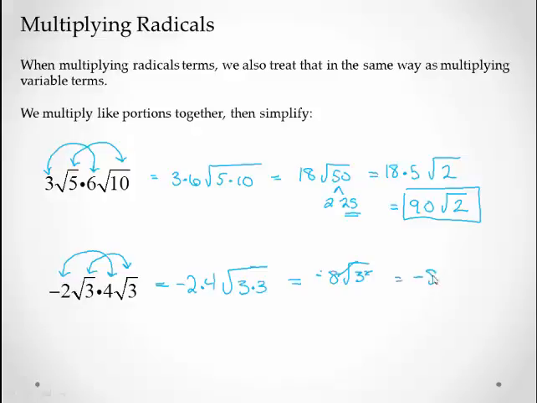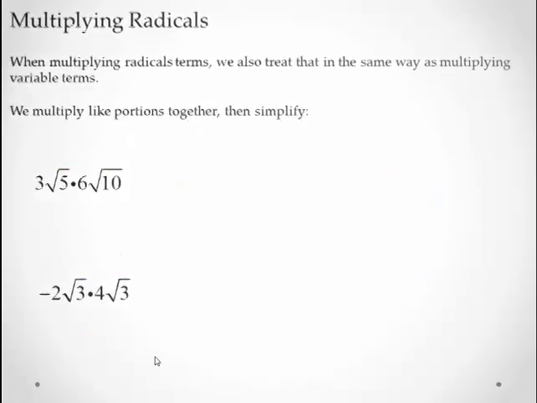The square root and the square cancel each other out, giving me negative 8 times 3, which gives me negative 24. So anytime you multiply a radical by itself, you're squaring it, and the radical will go away. And that's true for any number. So I could take the square root of 111 times the square root of 111. Since I'm basically squaring a square, the square roots go away and the number remains.